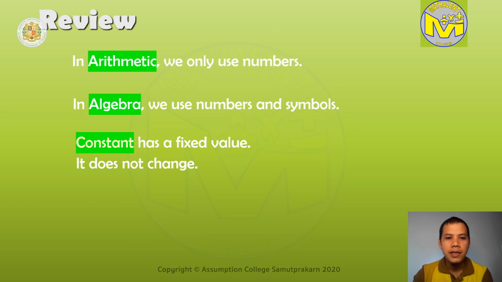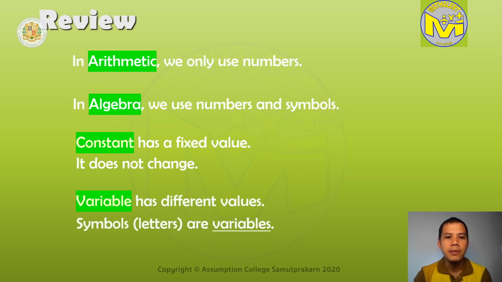Now, constant. What is a constant? A constant has a fixed value or it does not change. Variables have different values. Variables are letters or symbols. So those are the things we have learned last time.